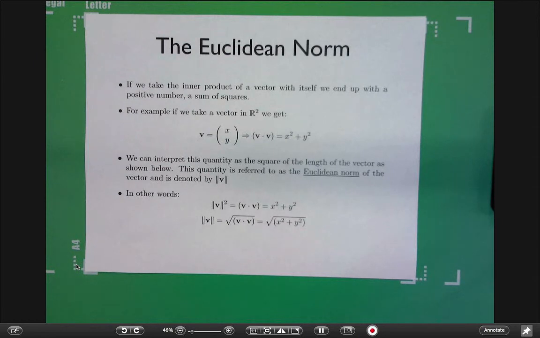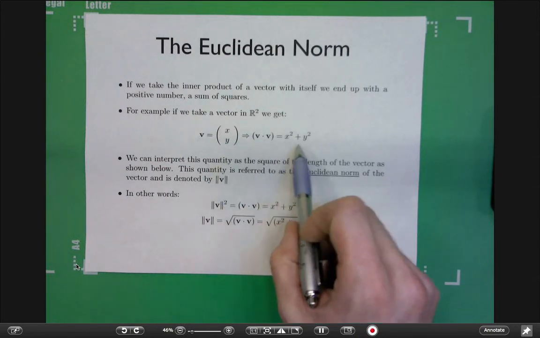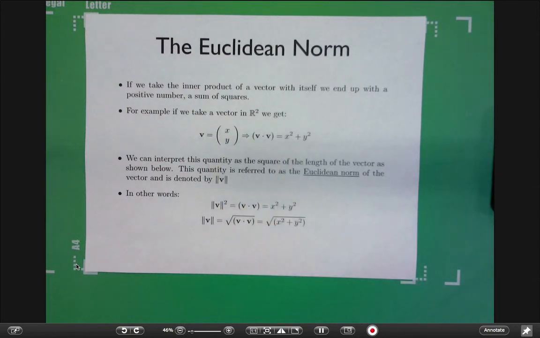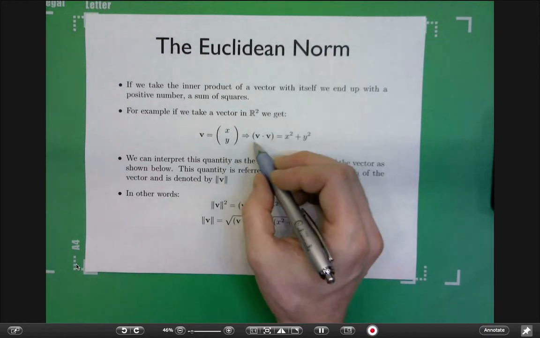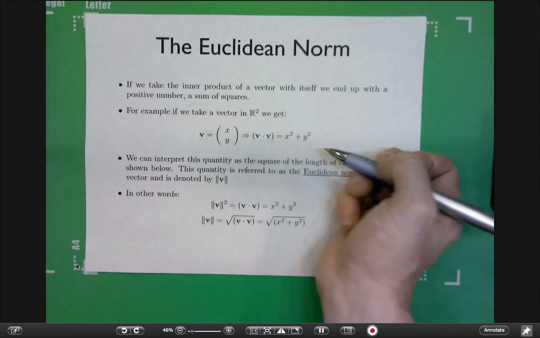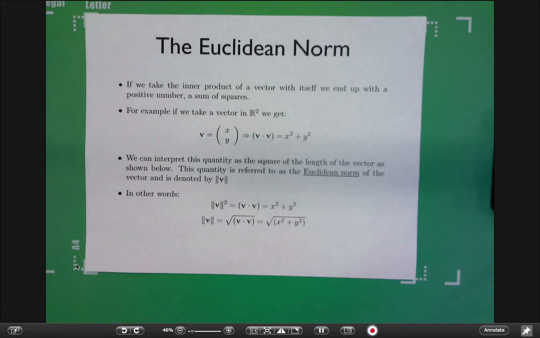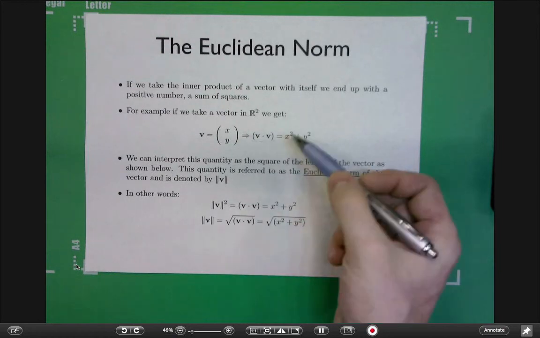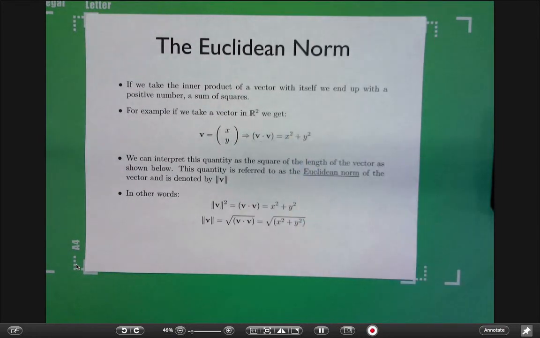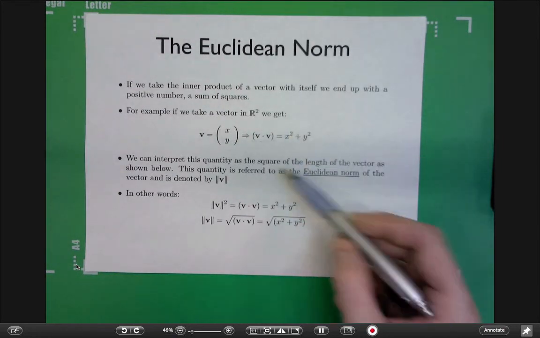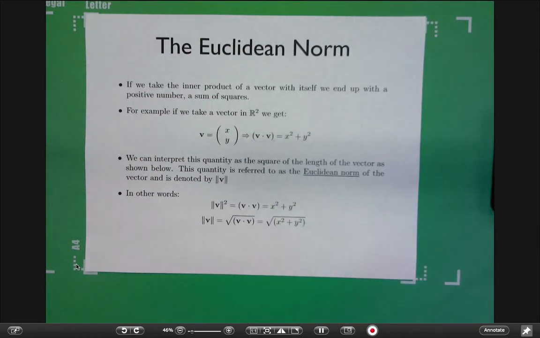Now we can notice that x squared plus y squared is actually the dot product of the vector with itself. That's what this v dot v means. It's a special case of the inner product when I take the inner product of the vector with itself. I get the first component squared plus the second component squared, which is the squared length of the vector. So if I take the square root, I get exactly the length of the vector.